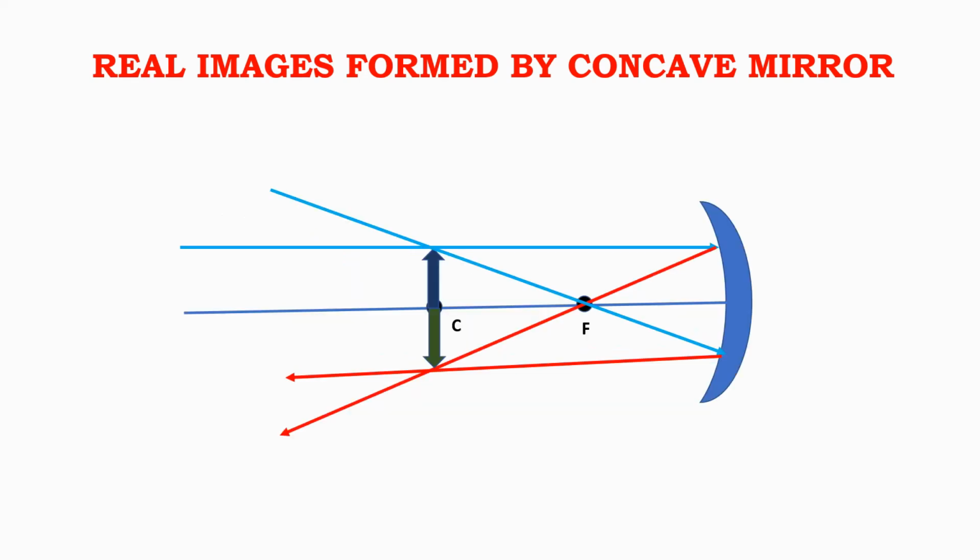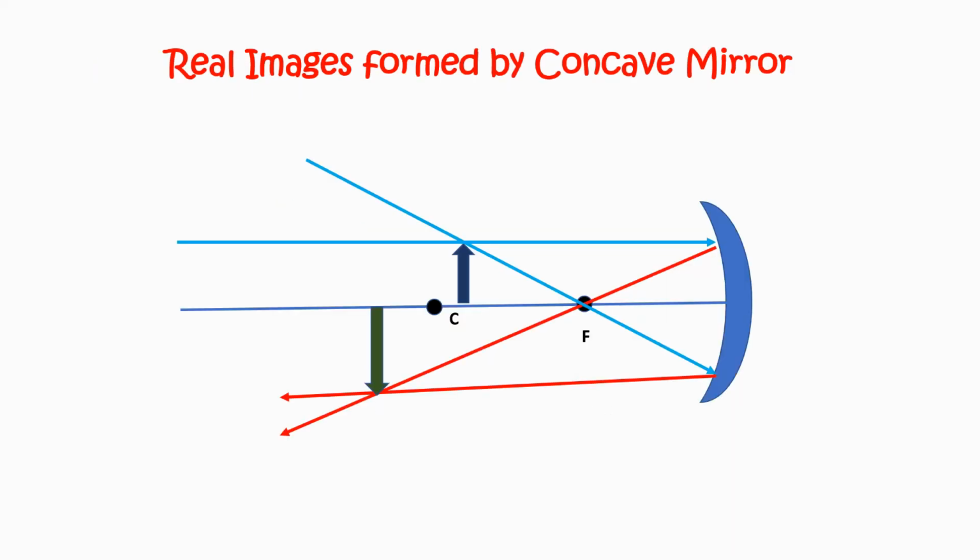If the object is at C, the image will be there also, and it will be the same size as the object. If the object is moved even closer to F, but not inside it, the image will move further away and become larger. All features of the image can be found mathematically.